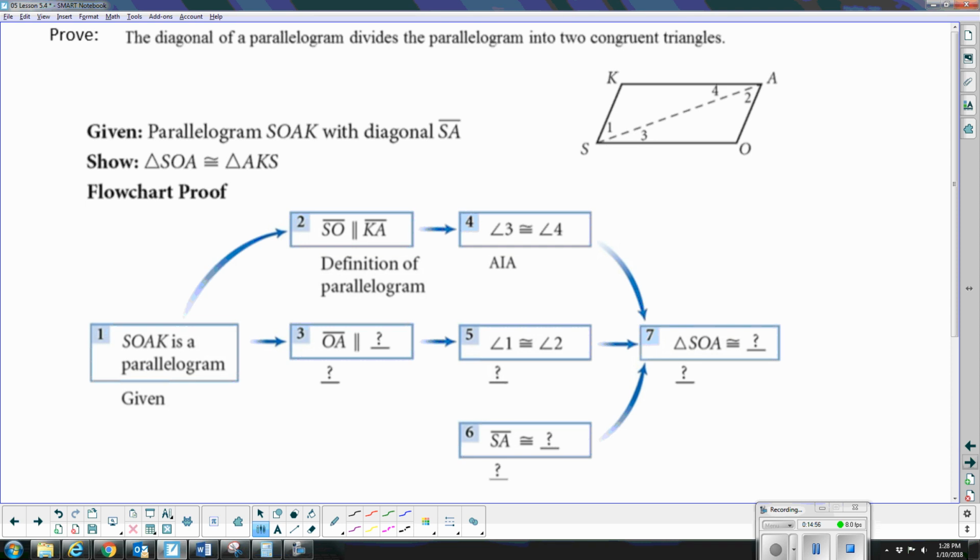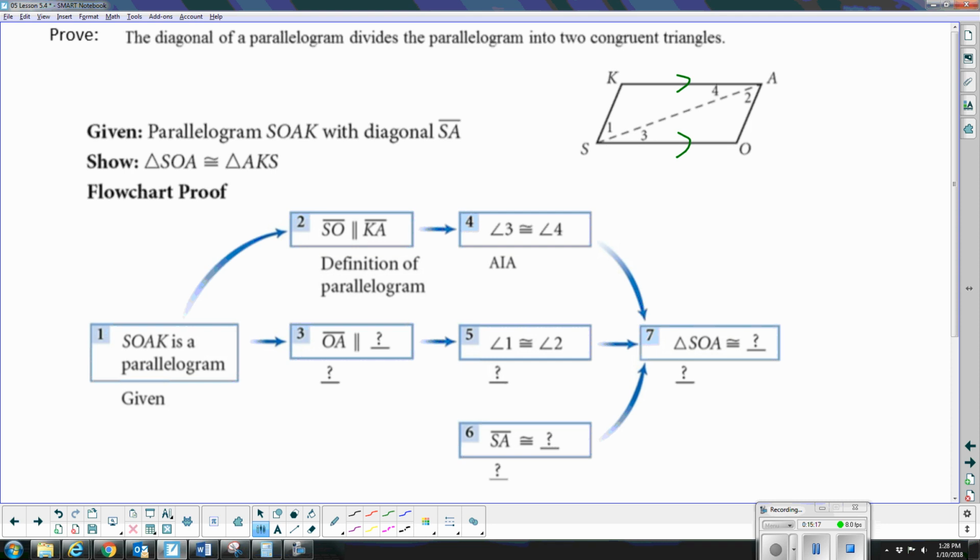So first of all, we know that it's a parallelogram. So therefore, and as we walk through this, I'm going to mark my diagram, and I encourage you to do the same thing. But SO is parallel to KA. We know that because in a parallelogram, opposite sides are parallel.